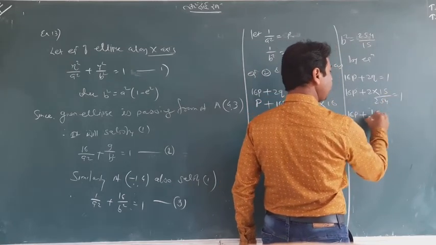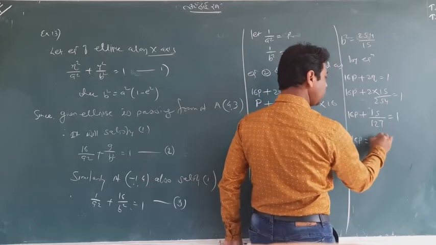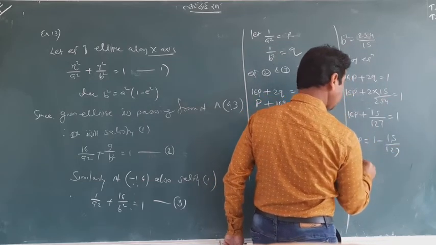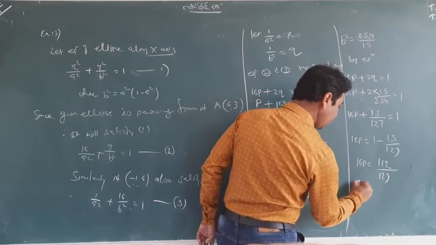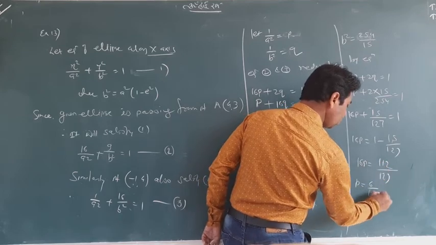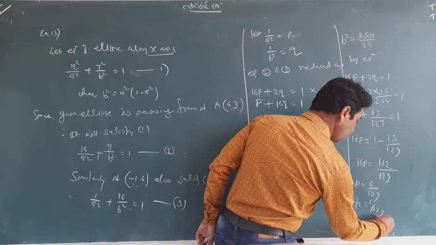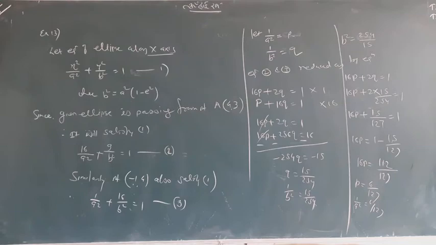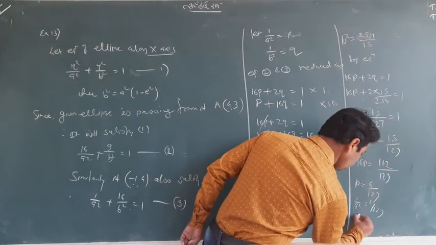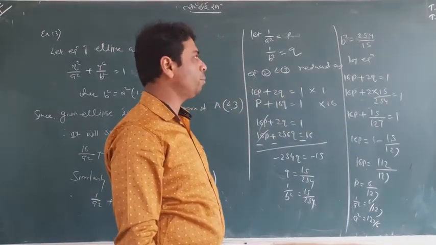So 16p is equal to 1 minus the fraction, and after taking the LCM, p is equal to 6 upon 127. The value of p, that is 1 by a square, is equal to 6 by 127. So the value of a square is equal to 127 upon 6. So you have got the values of a square and b square.